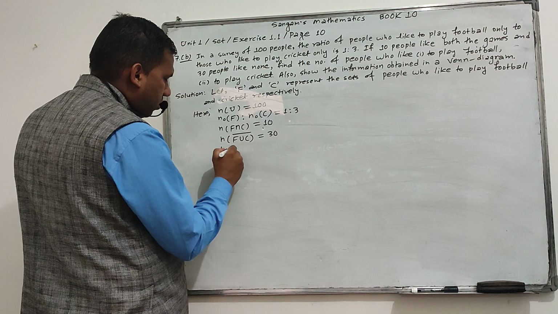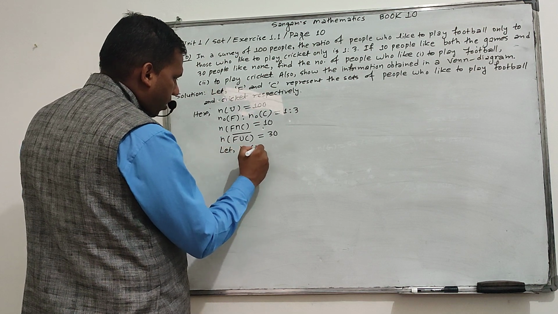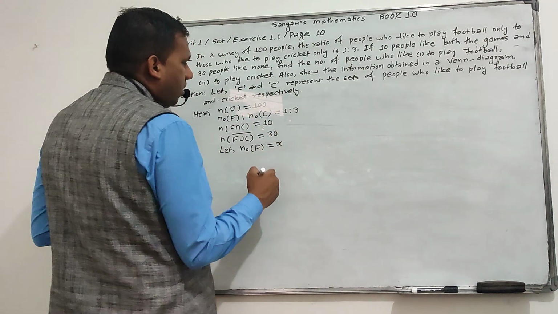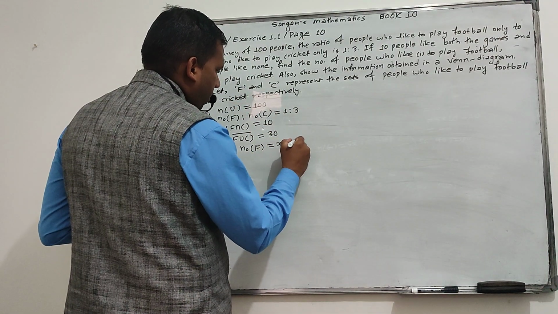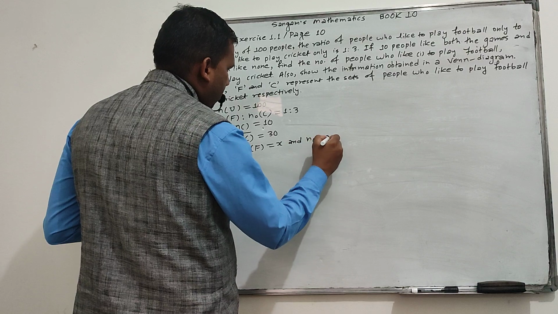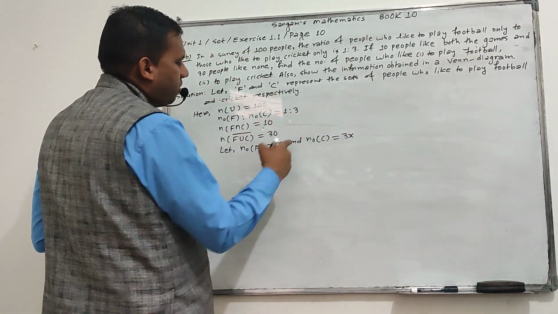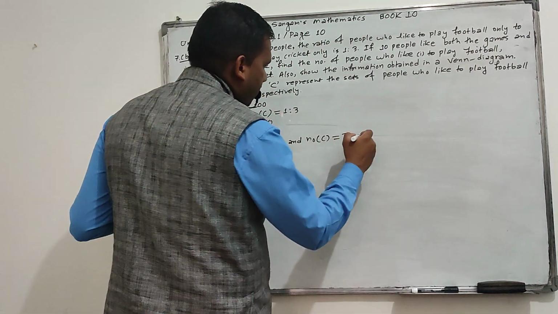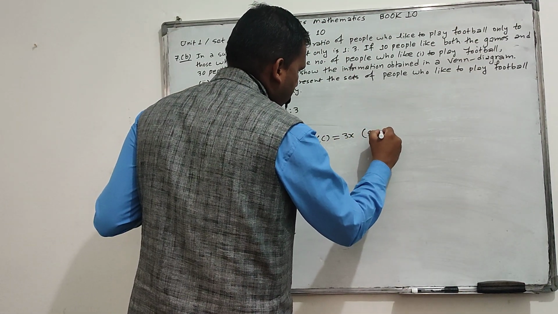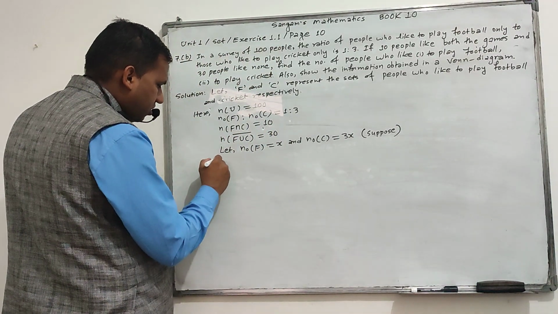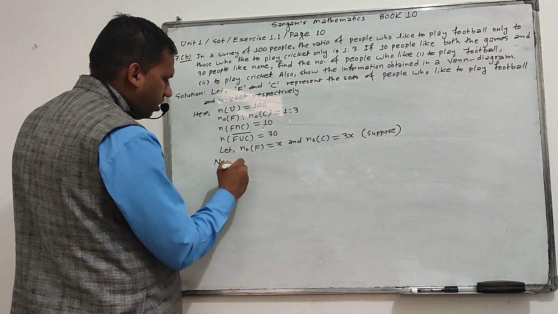Let n naught F equal to x and n naught C equal to 3x. Means the ratio is 1 to 3, so x and 3x, suppose. Now we know the formula.